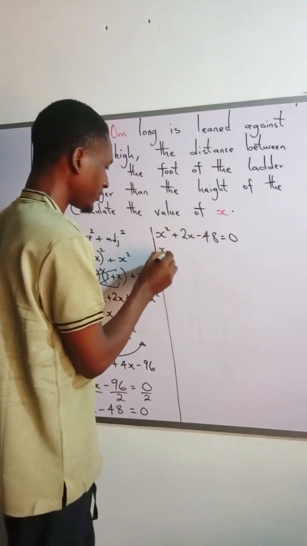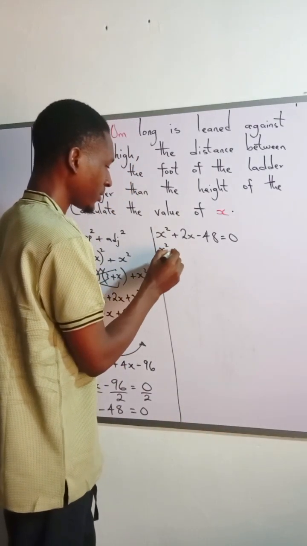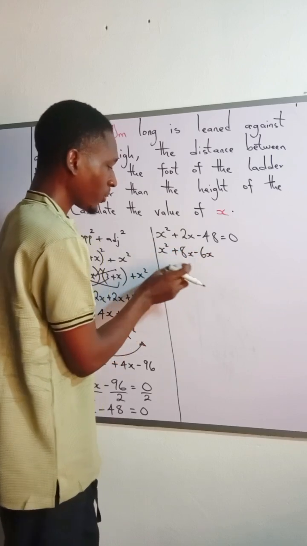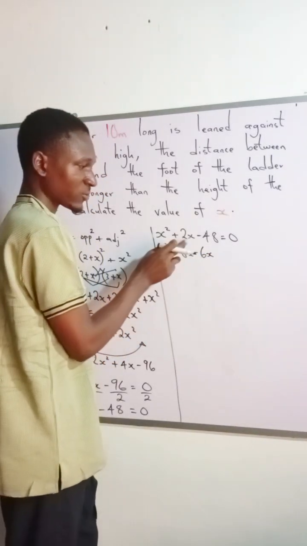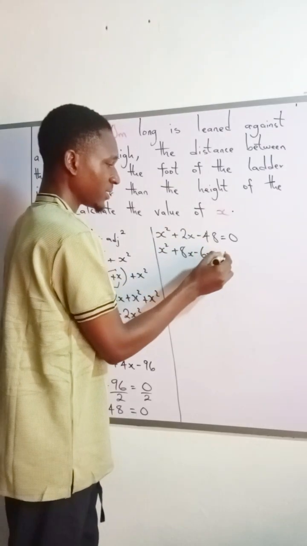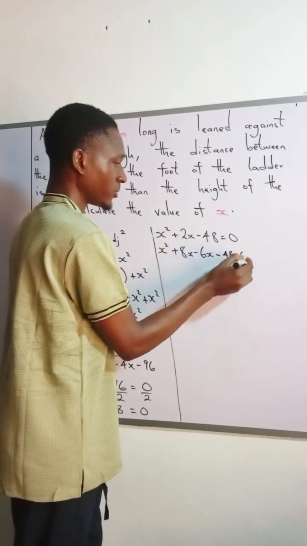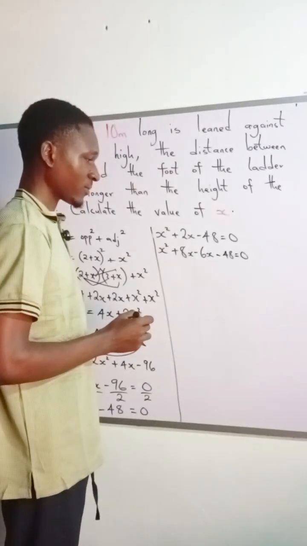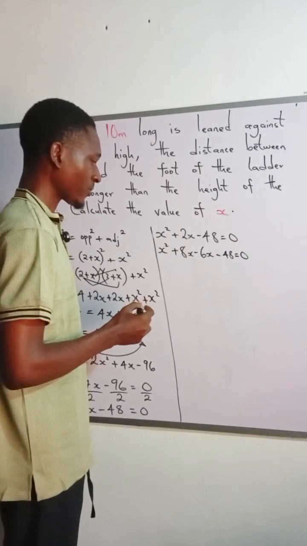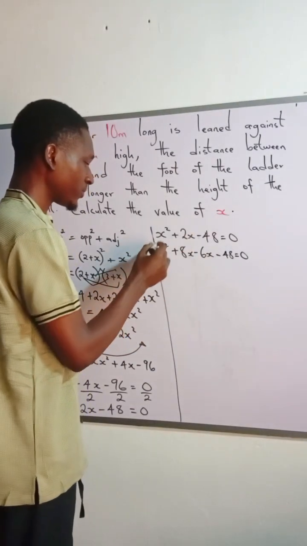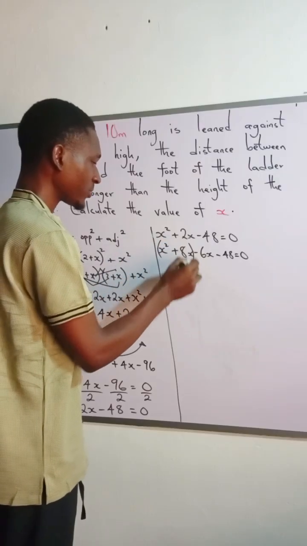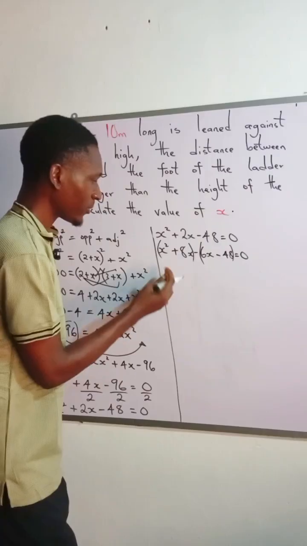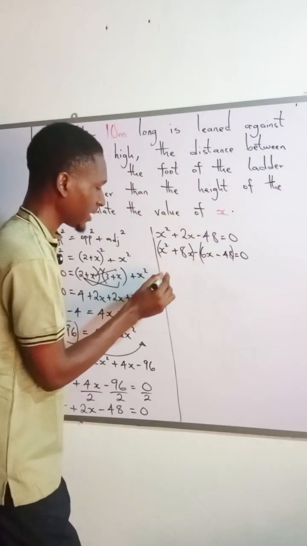So we have x squared plus 8x minus 6x. Plus 8x minus 6x is the same thing as what? 2x. And here is still minus 48 equal to 0. Now we can factorize. You group them into groups of 2. We can group this first one and also this second one. So here, the common factor is x.